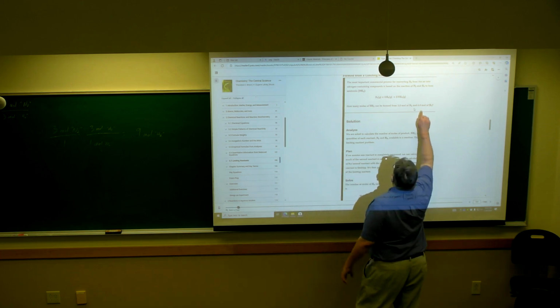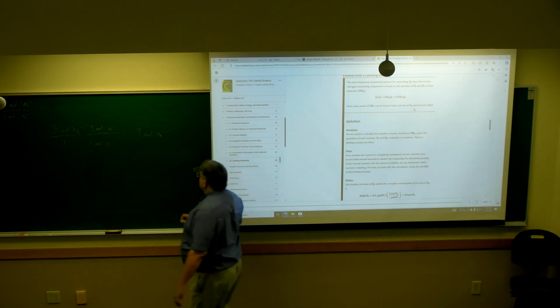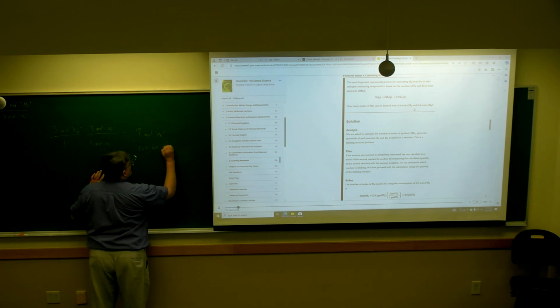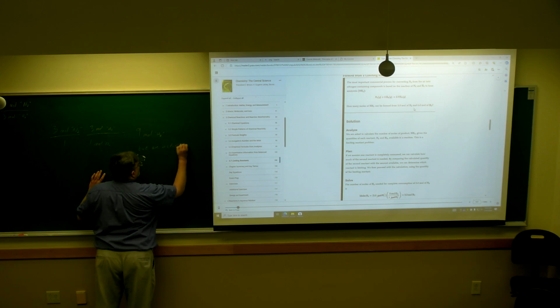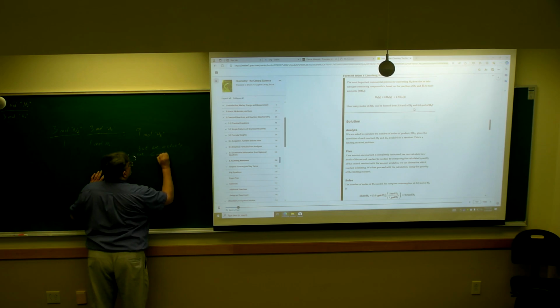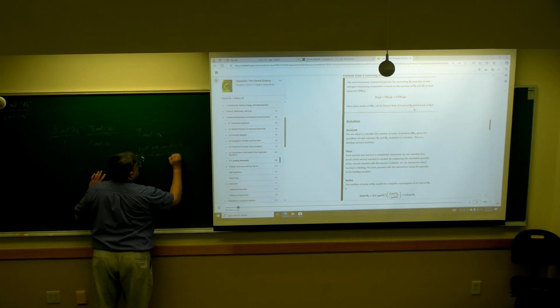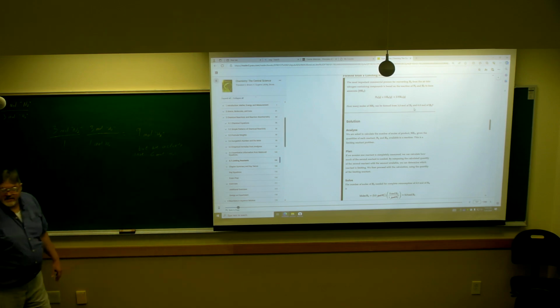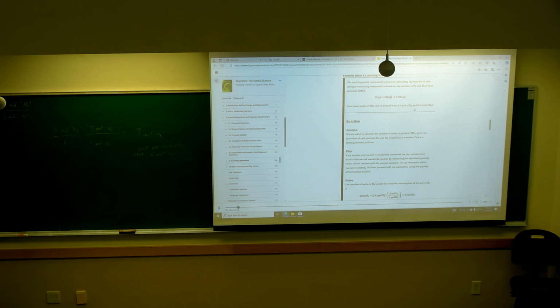This says we have 6 moles of H2, but we actually have 6 moles of H2. Less than we need. You see that?